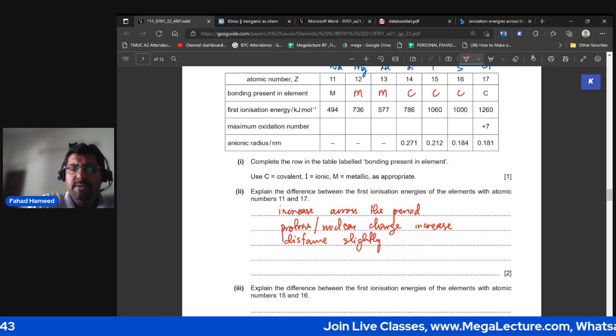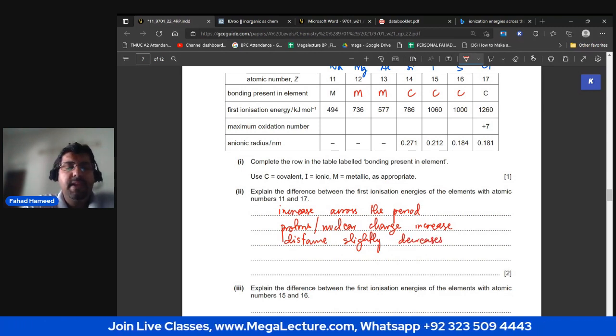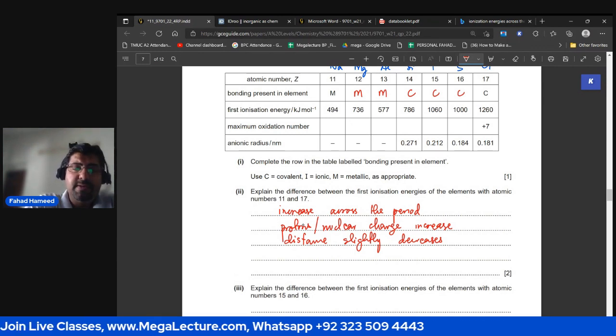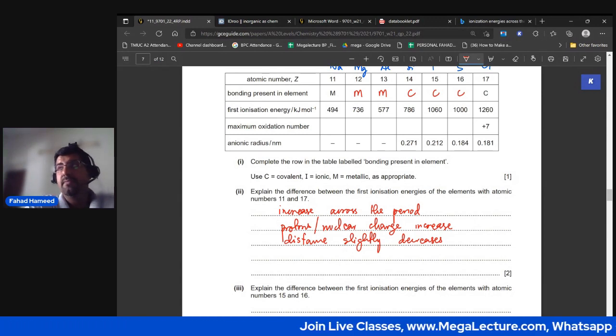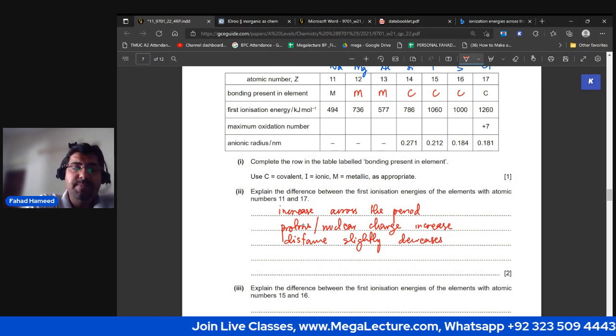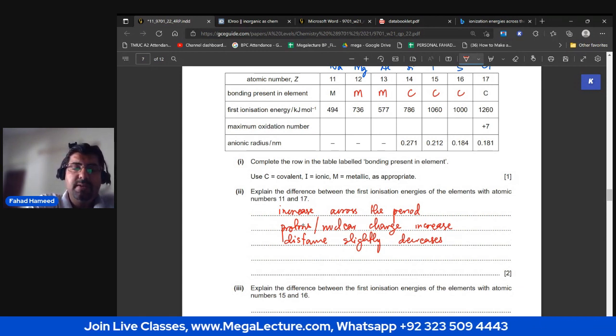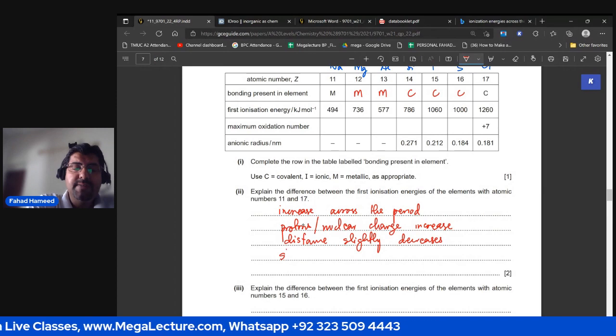It's a 2 mark question, slightly decreases. And what else happens across the period? As you move across the period, your shielding remains constant. You have the same number of shells.